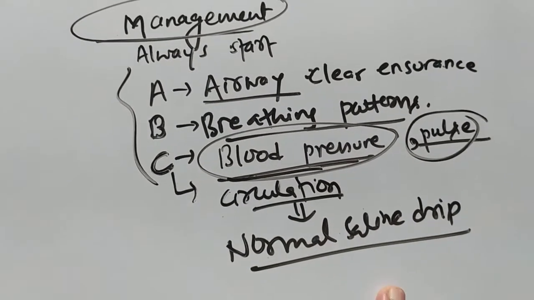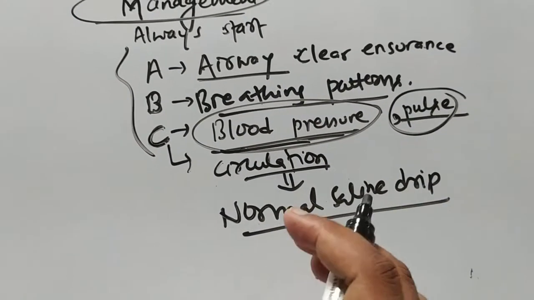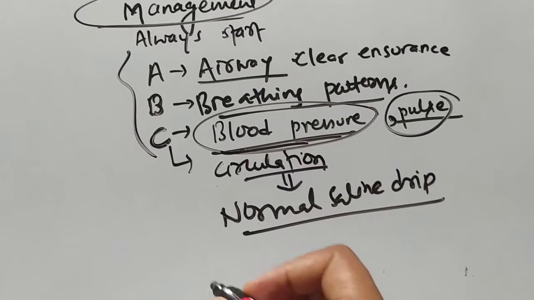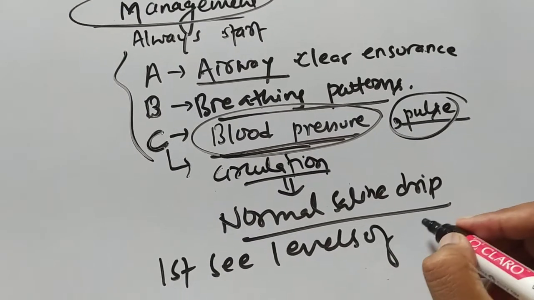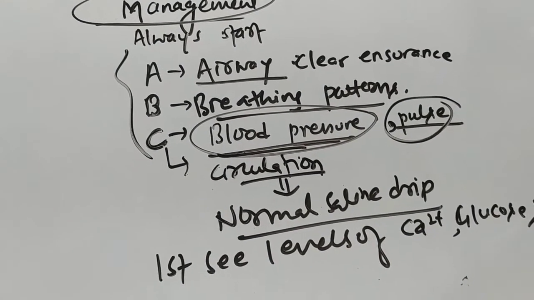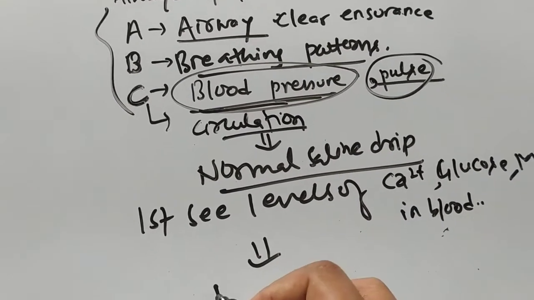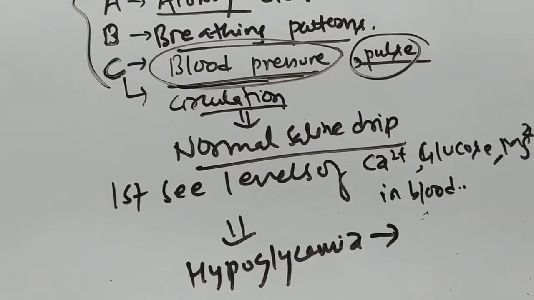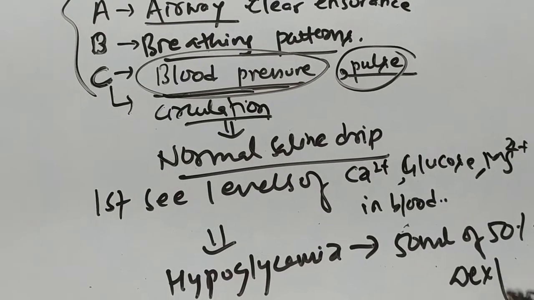Also see if there is any cause. Sometimes the seizure can be due to hypoglycemia, hypocalcemia or hypomagnesemia. So first check the levels of calcium, glucose and magnesium in blood. If there is hypoglycemia, then correct it by giving 50 ml of 50% dextrose.